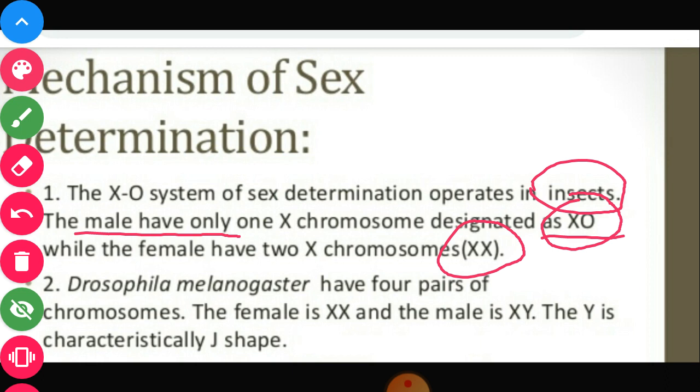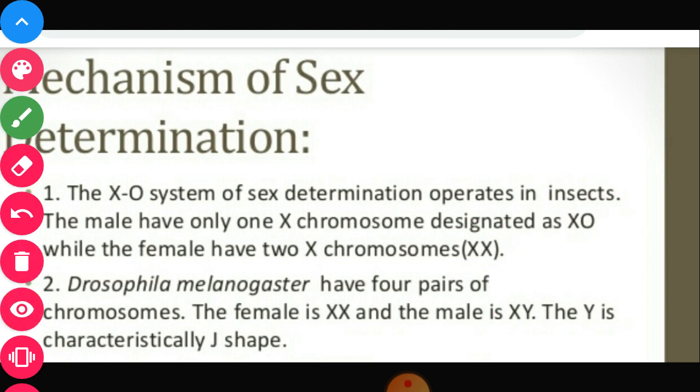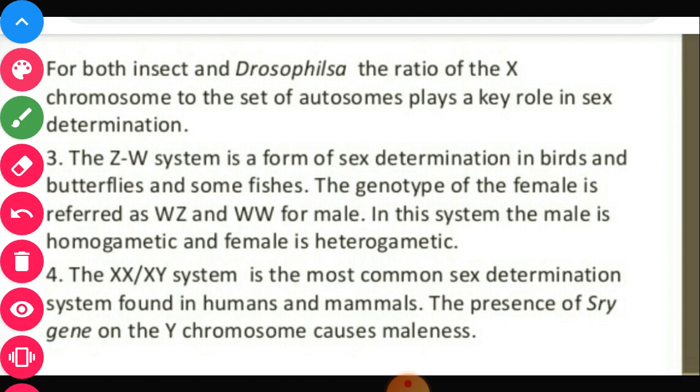And in Drosophila, like in human, the female has XX combination and the male has XY. So this is the mechanism in different organisms to determine sex, XO type and XY type. See here, in Drosophila the ratio of X chromosomes to the set of autosomes plays a key role in sex determination.